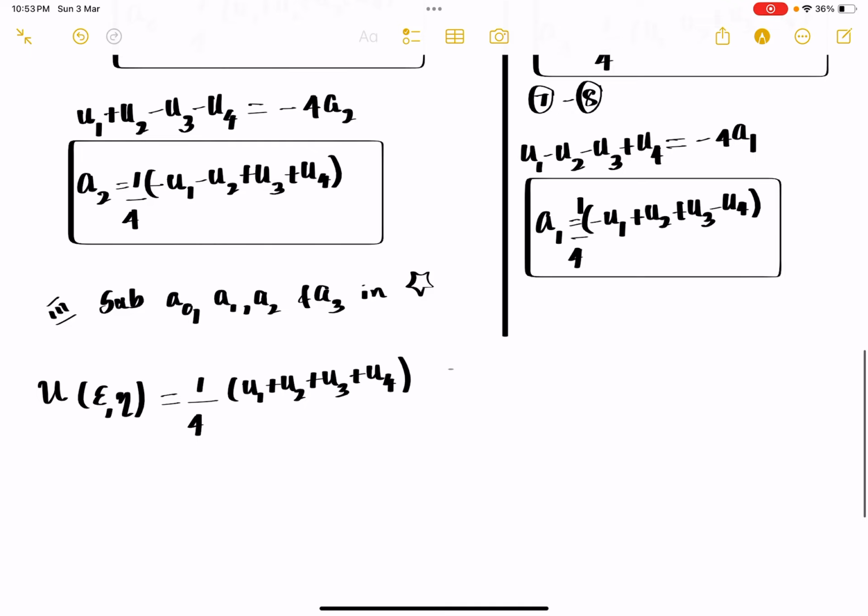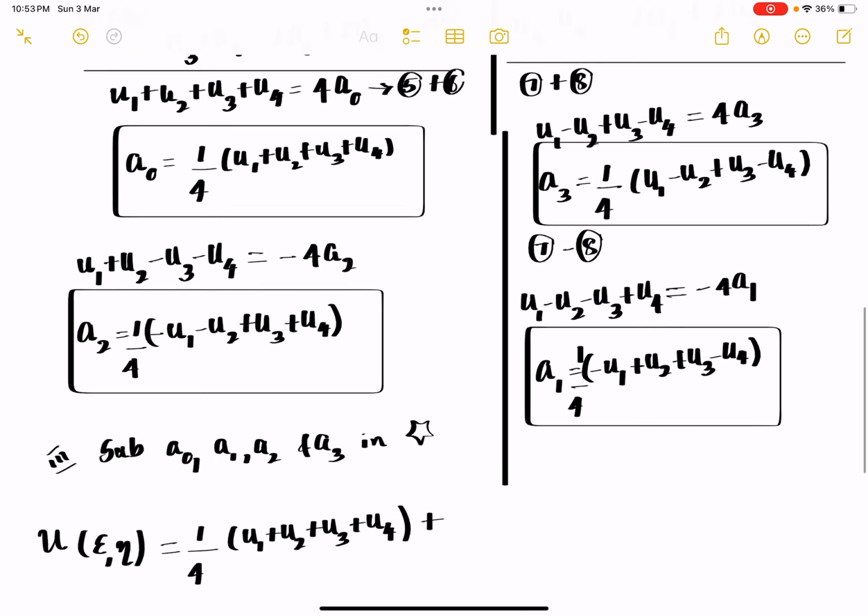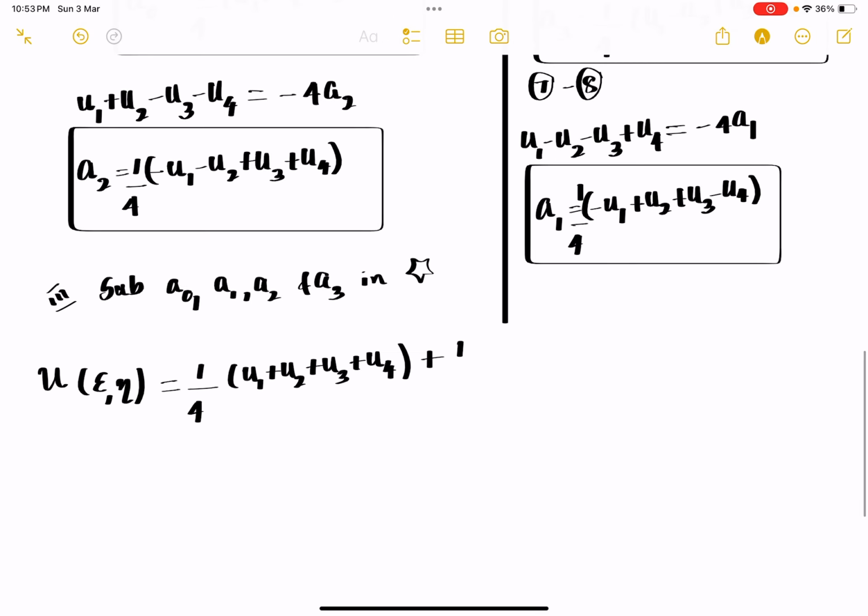That is A0 plus A1 epsilon. So what is the value of A1? It is plus 1 by 4 into minus u1 plus u2 plus u3 minus u4.